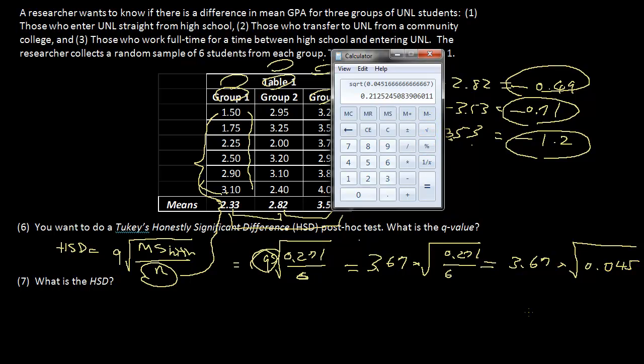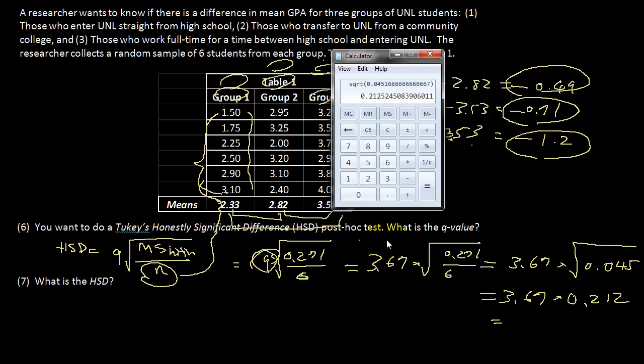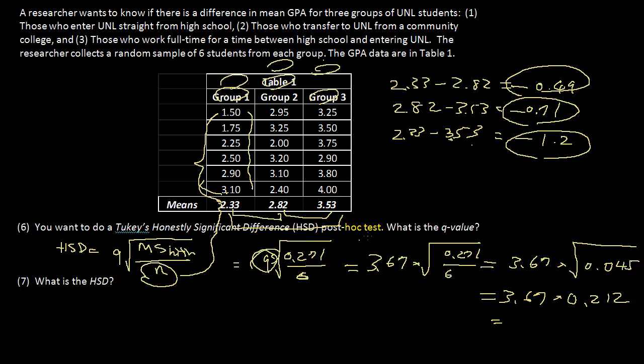So 3.67 times 0.212, which is 0.779, so 0.78. That's the HSD, the value of the HSD. That's 0.78.